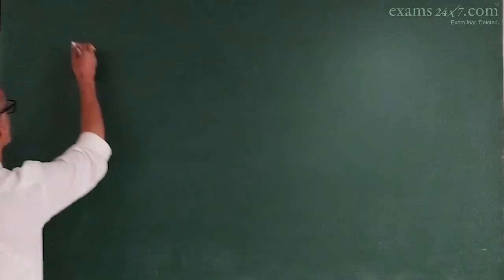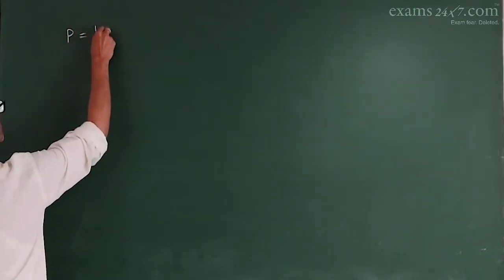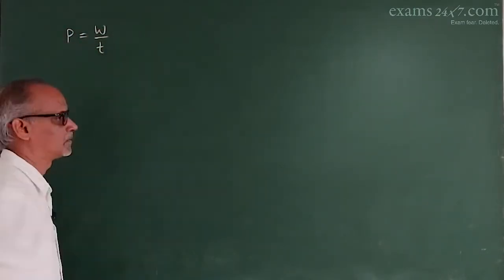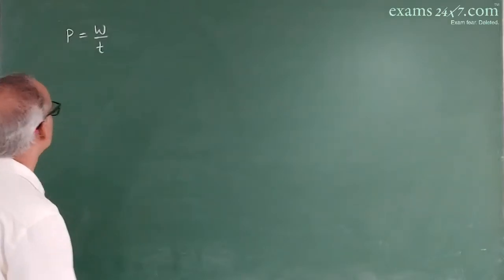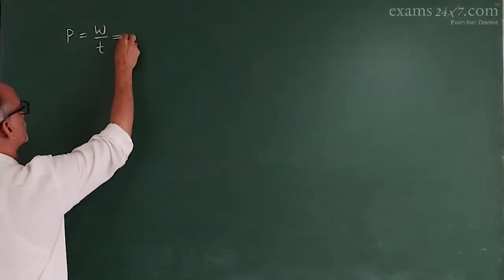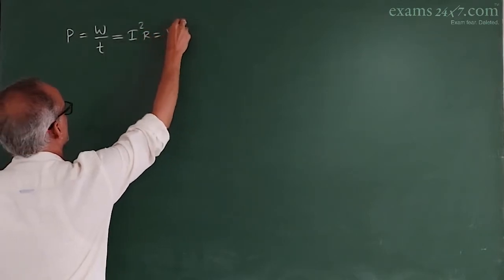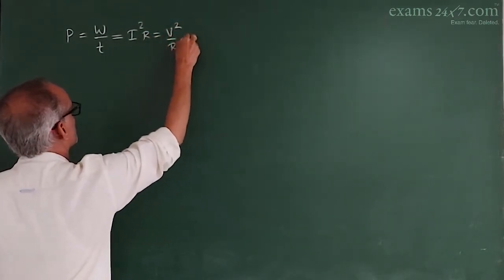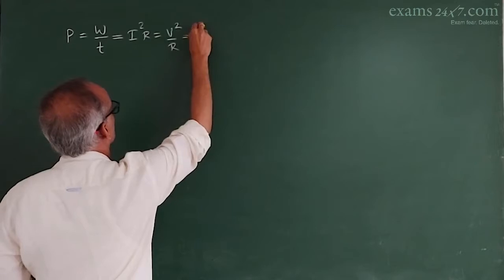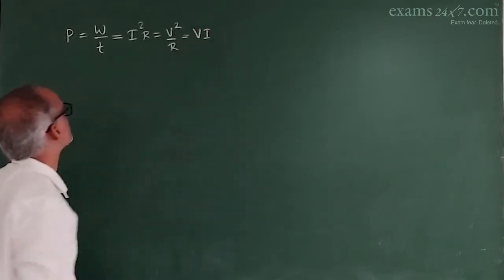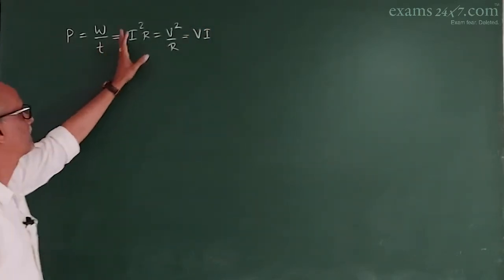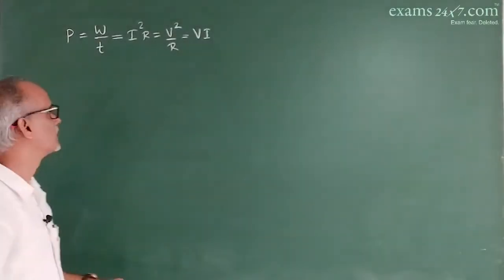So, electric power is the rate of work done, which is equal to I square R, or V square by R, or V into I. P is equal to I square R, V square by R, and V into I.